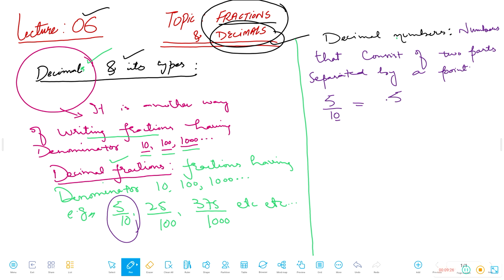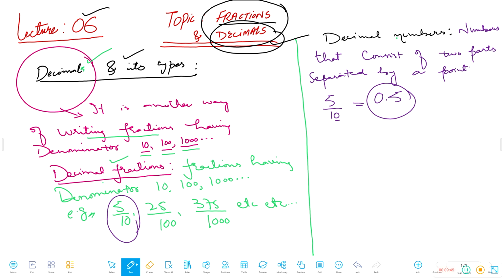Now it is 0.5. Since nothing is before the point, you can put a 0. So it is 0.5. Now 0.5 here is the decimal number. We will come to its parts, which part is called what, later on.